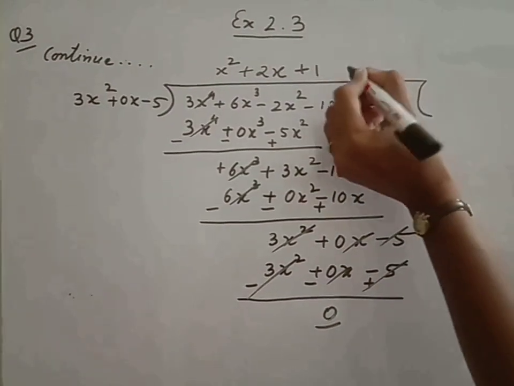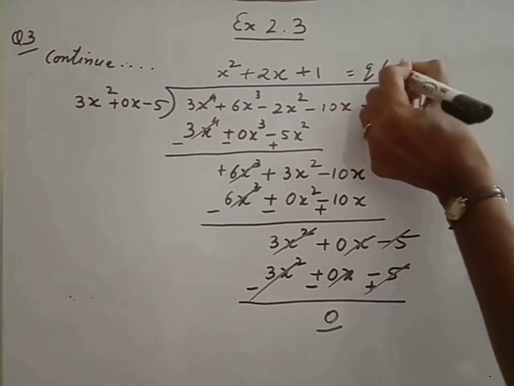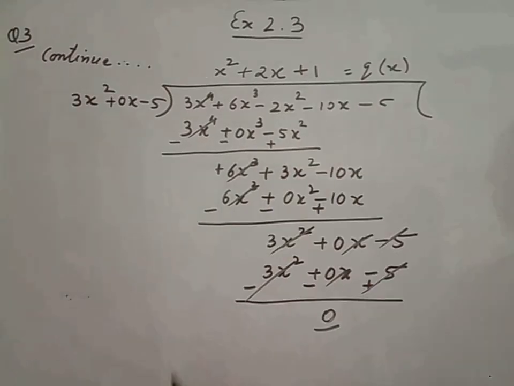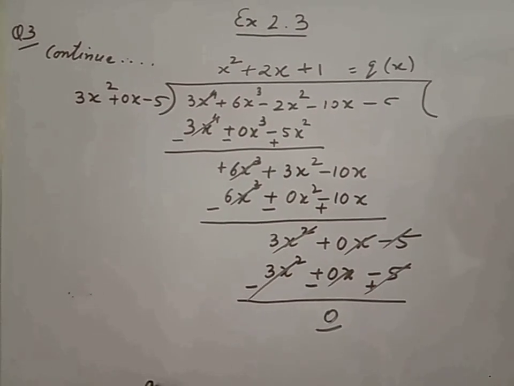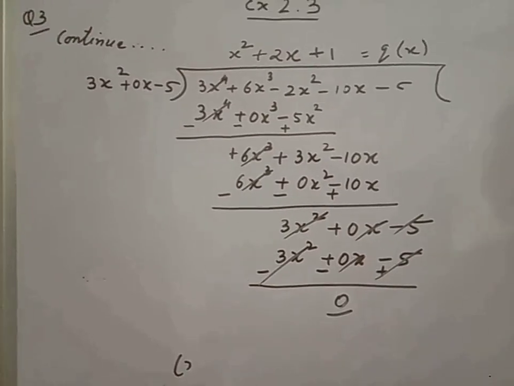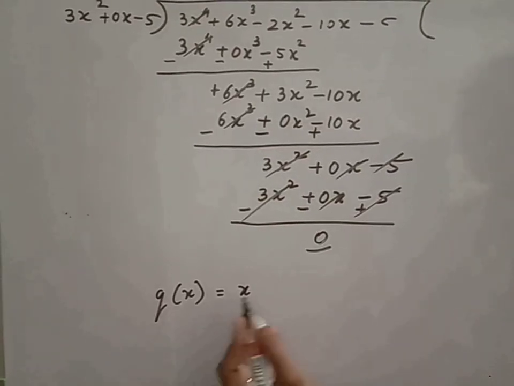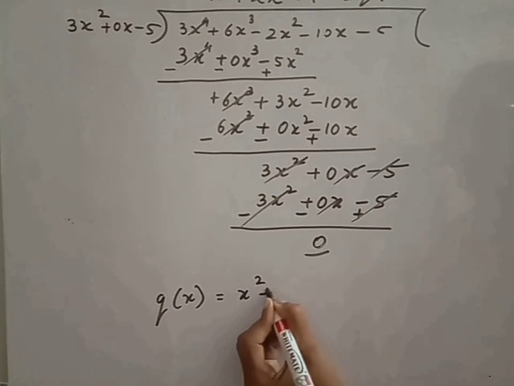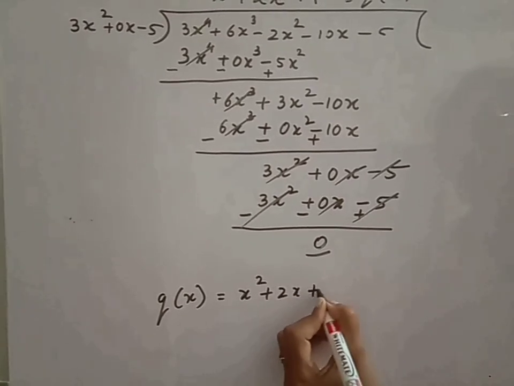But we are interested in q(x) because we are told to find the remaining factors. So my q(x) is x square plus 2x plus 1.